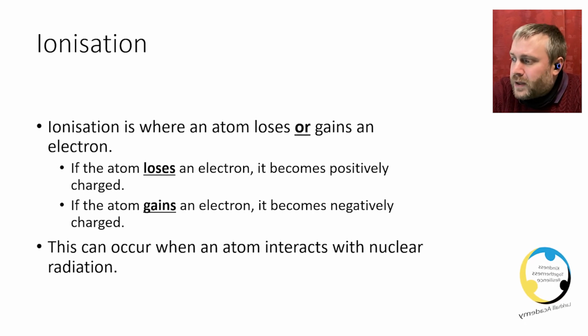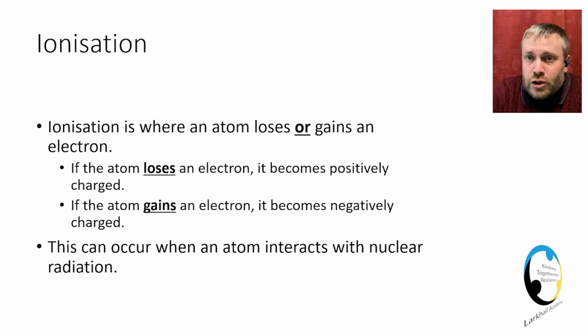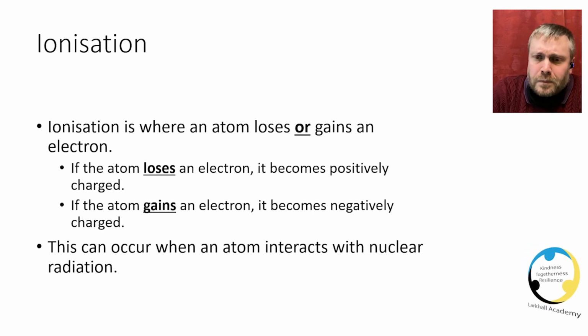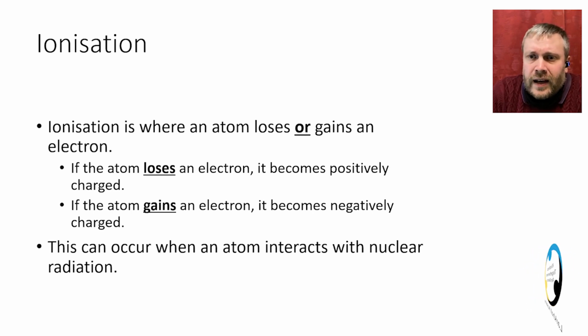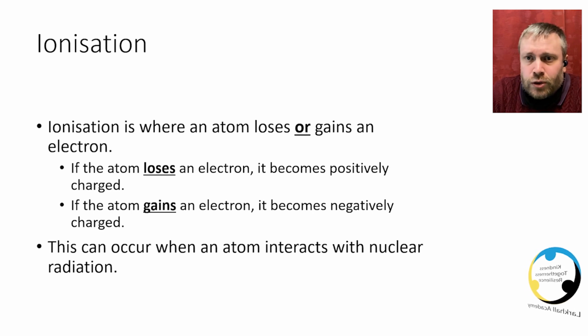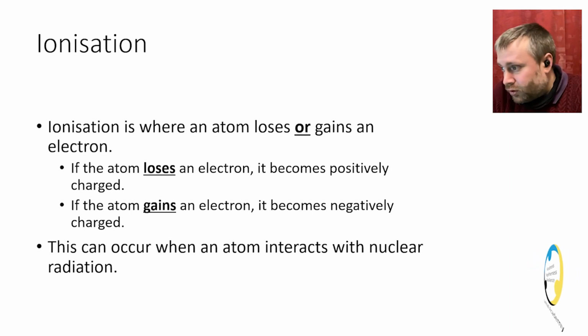This is important because when an atom interacts with nuclear radiation, it can become ionised. If you think of an alpha particle that goes blundering into an atom and knocks out one or two of its electrons, that atom now has fewer electrons, so it becomes positively charged.